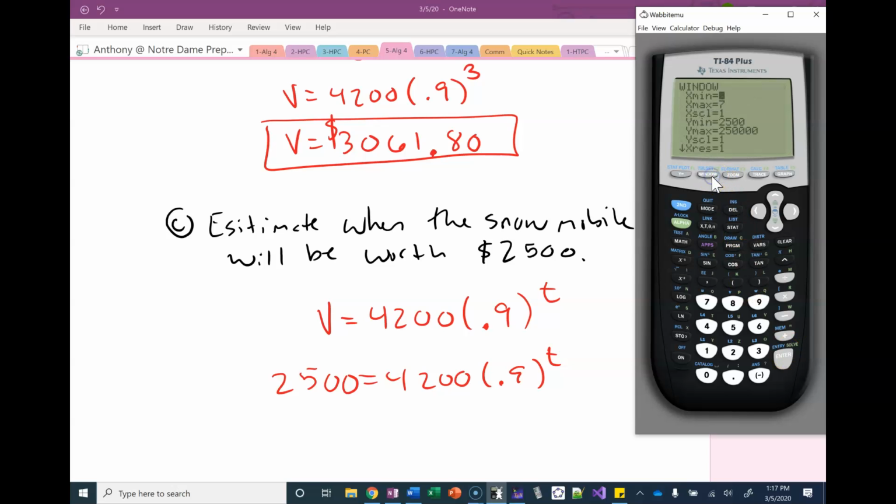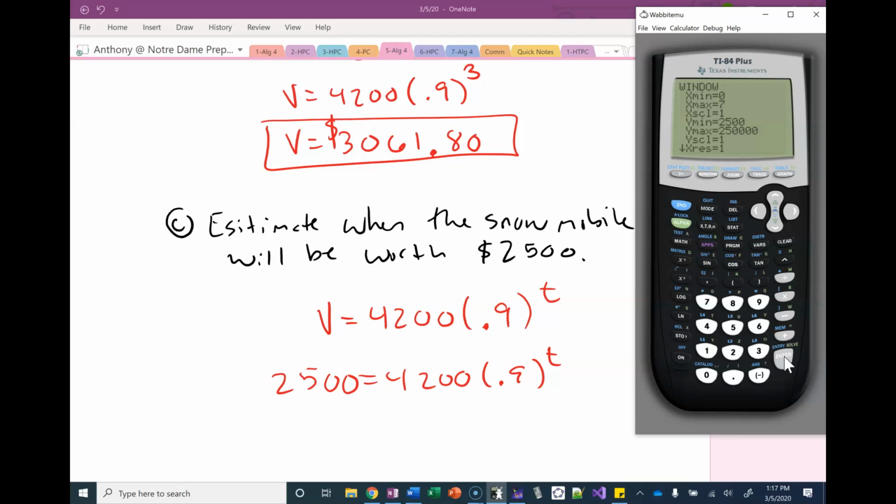I'll go to the window, and now we need to pick some values. So X we put in is representing time, the number of years after we've purchased the snowmobile. So what's a good minimum value for that? 0. 0 time would represent the value at purchase, right? How much it cost. What would be a good upper bound for X?